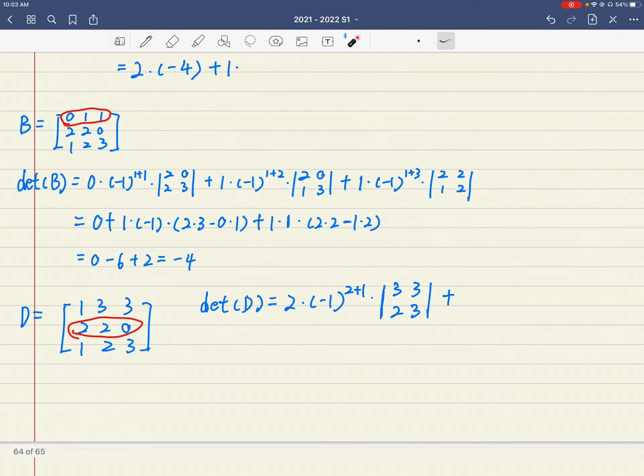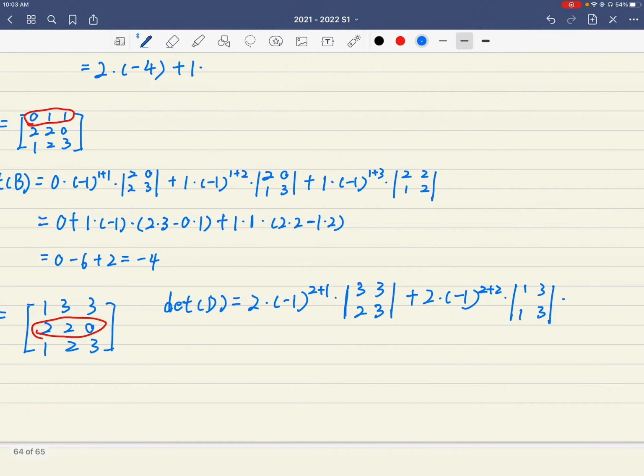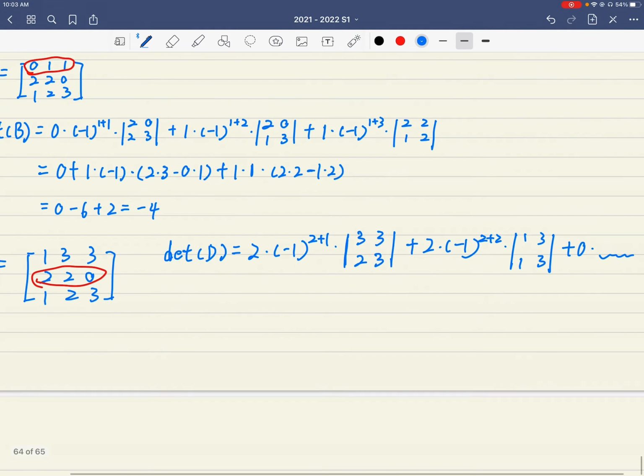Plus this number 2 times negative 1 to the power of 2 plus 2, this is the 2,2 entry, times, you delete this row and this column, so it's [1, 3; 1, 3]. Then plus 0 times, I don't care anymore, since 0 times anything is 0.